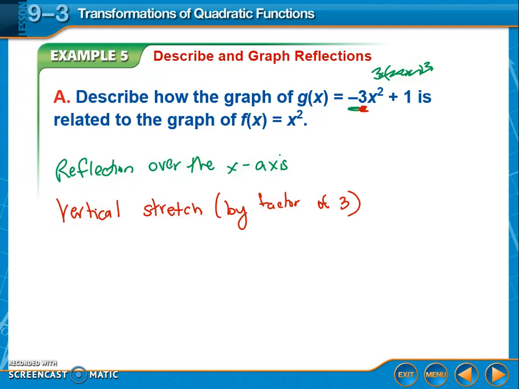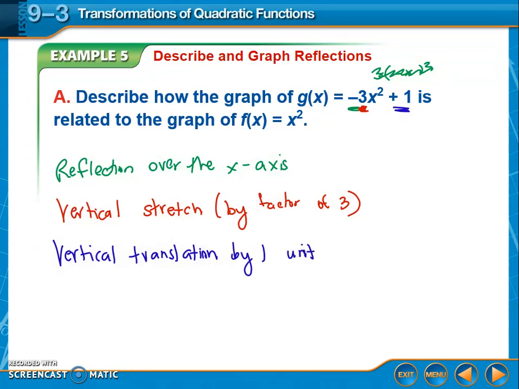Okay, and then the last thing I want to look at is the plus 1. So that plus 1 is going to be a vertical translation. Remember, translation shifts it up or down or left or right. So this is a vertical translation by 1 unit.